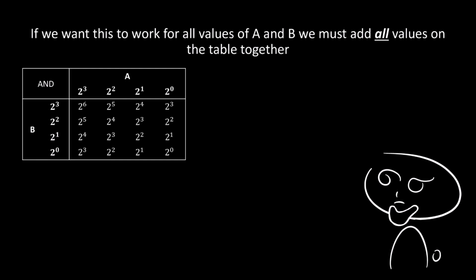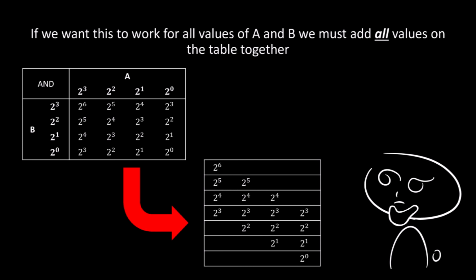So if we want this to work for all 4-bit values of A and B, we must add all of the values in the table together. If we line up each of the values that we get from our table into distinct rows, then we can line them up like this.